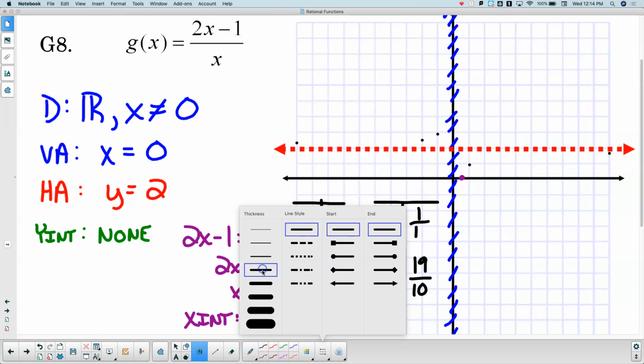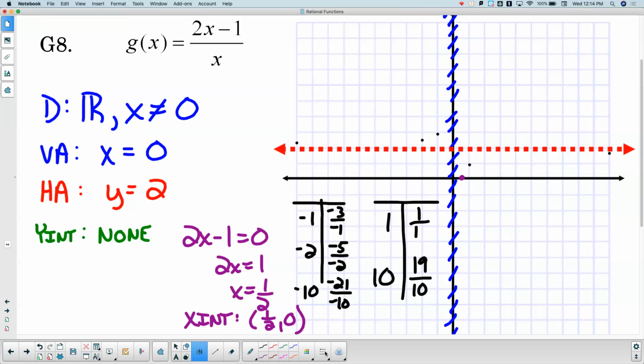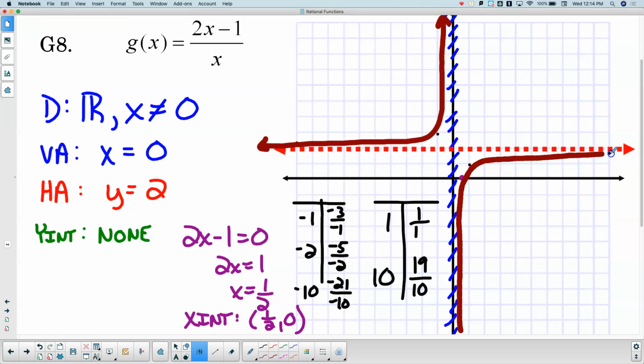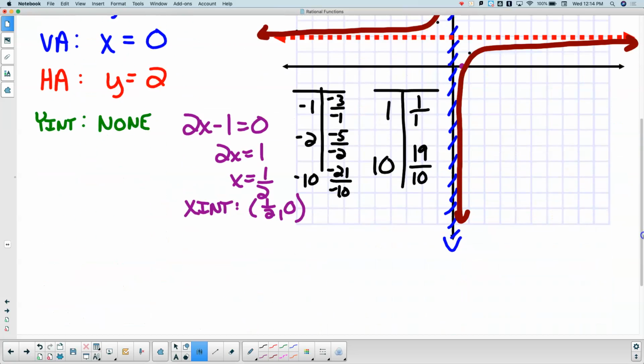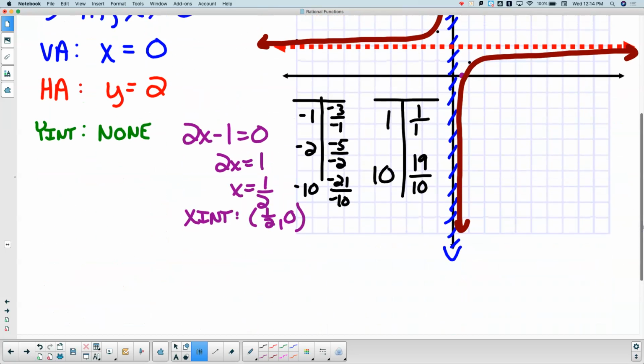So that then allows us to say that my function comes in through here, makes a big turn up, comes in from here, makes a big turn out. Yes? Okay. Said we had to do behaviors on this one. Yep. Asymptotal and end behaviors.